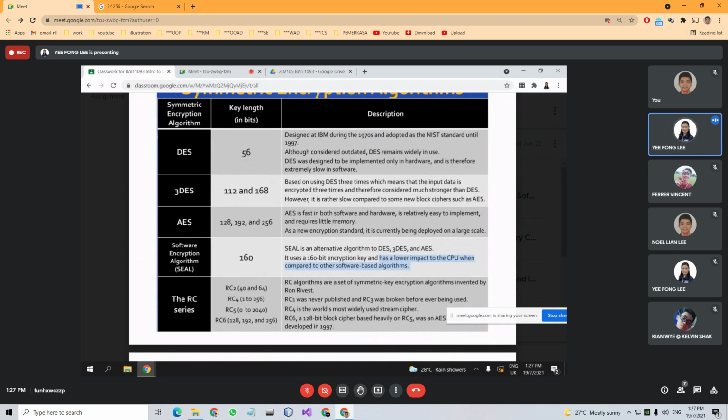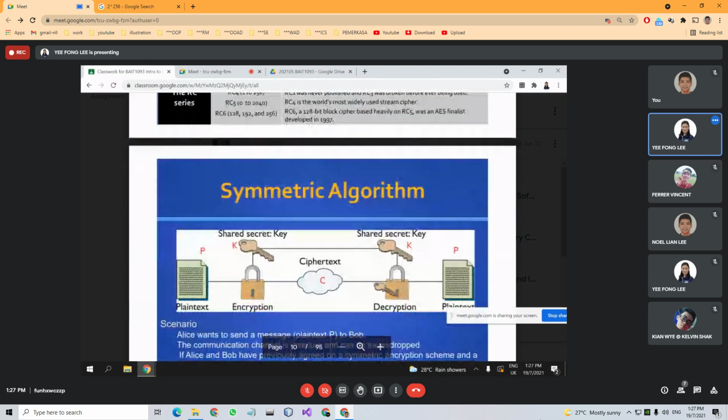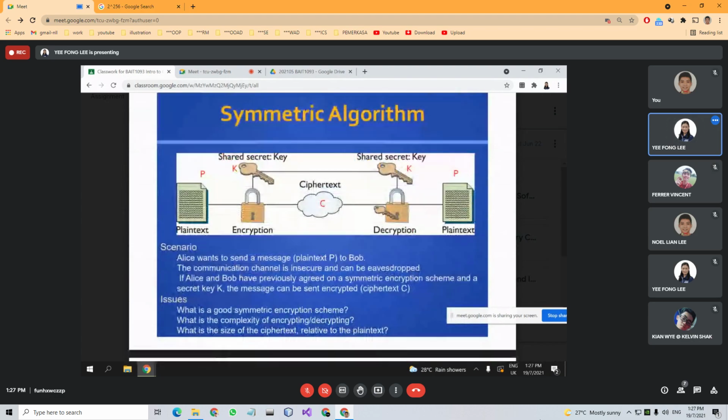So that's why they slowly improved it into triple DES. That's why the key length is much longer now, using 3 times the input encryption. Later we'll look at the algorithm. Now only the brief content.